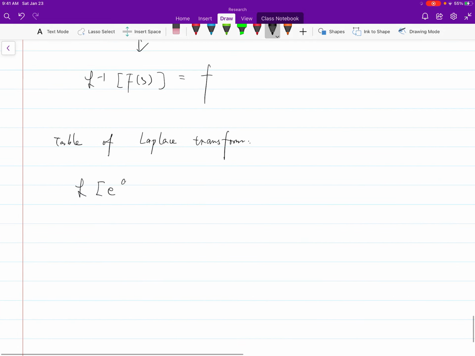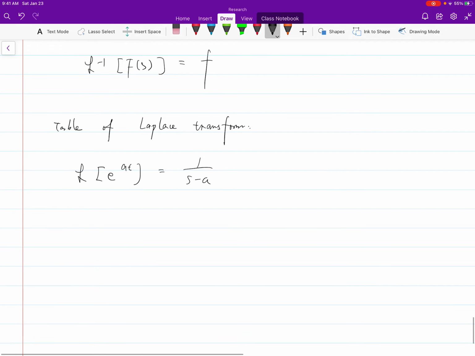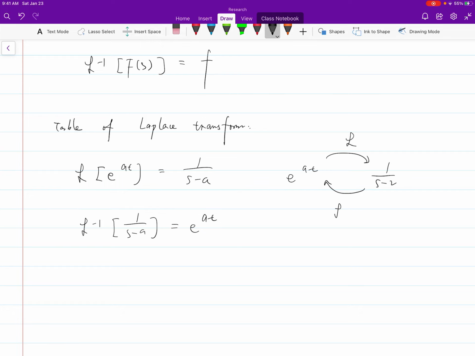For example, if I know L e to the at equals 1 over s minus a, then automatically I know L inverse 1 over s minus a equals e to the at. So I can use the table from the left to the right or the right to the left. It really depends on whether you are talking about L or L inverse.